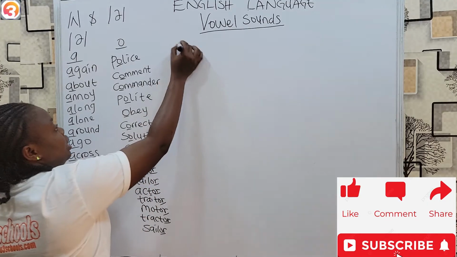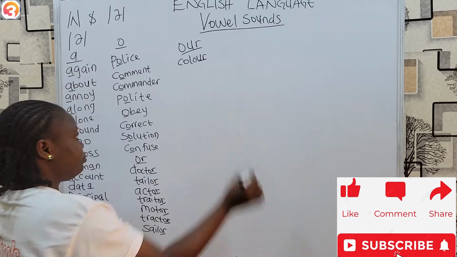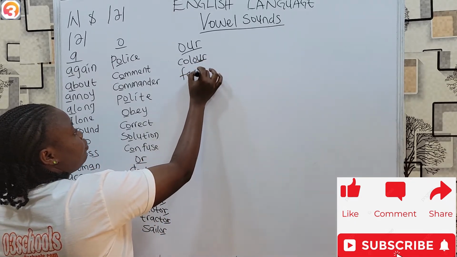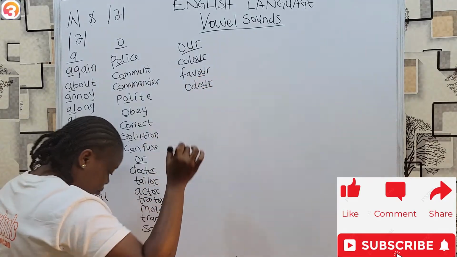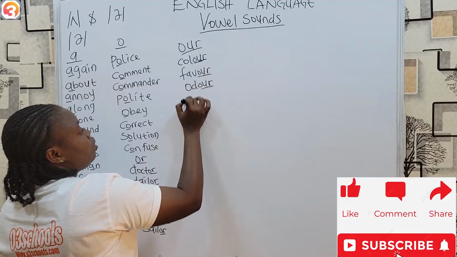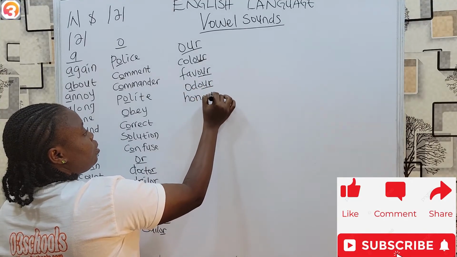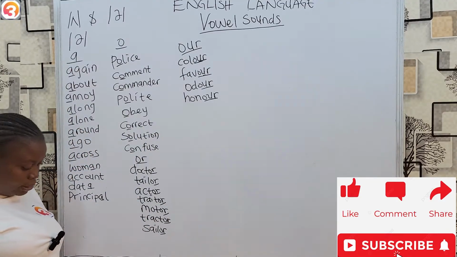You can have words that end with OUR as well, like color, favor, odor, honor. These words also contain the weak sound.